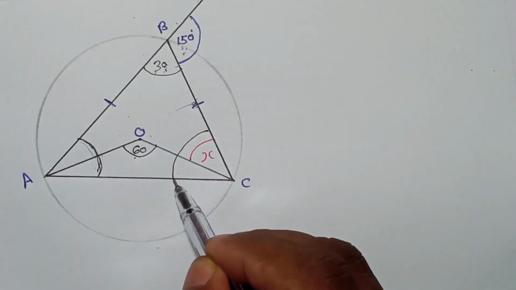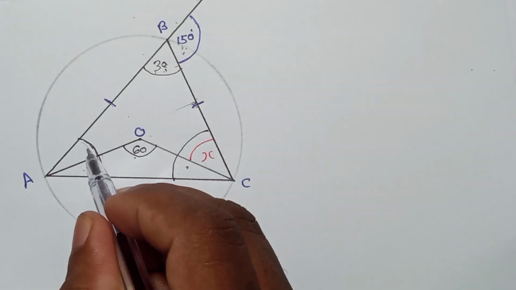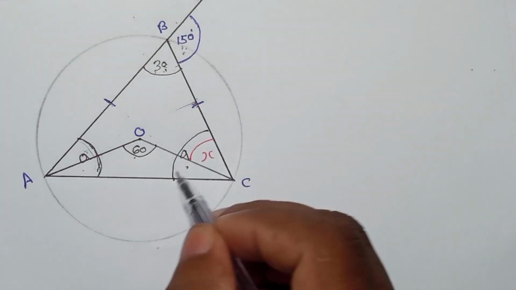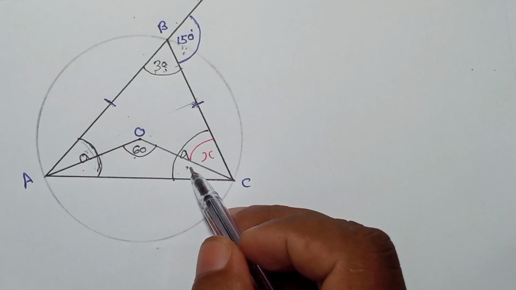I will draw that. These both must be equal. If I name this big one A, this also A. So now you can find the value of A.